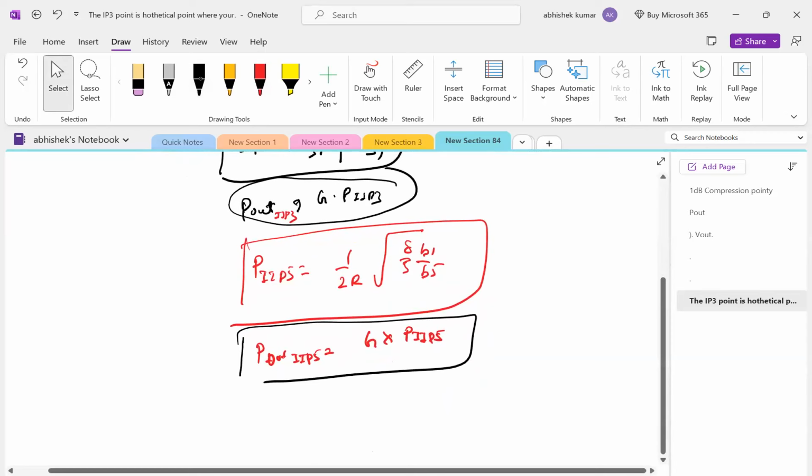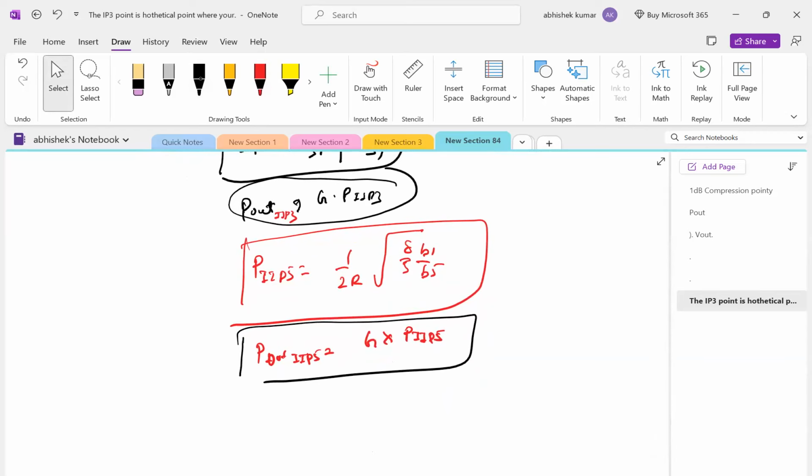Any doubt? If you have any doubt, then ask me, because after that we will start the oscillator and phase lock loop.